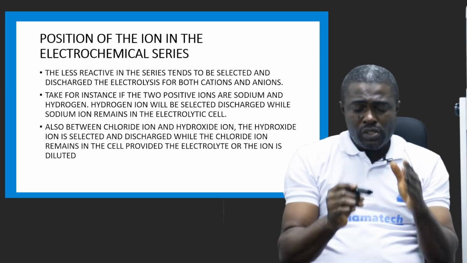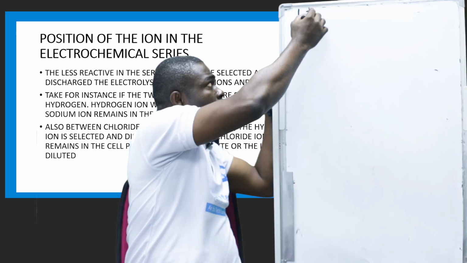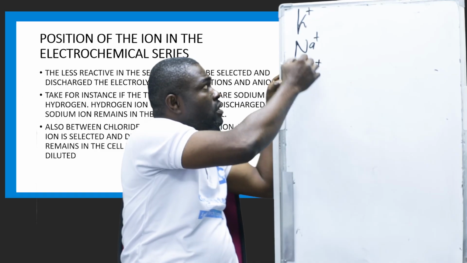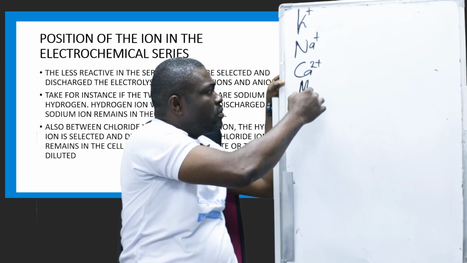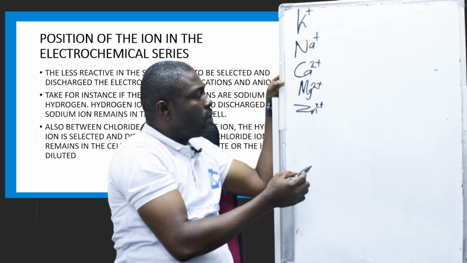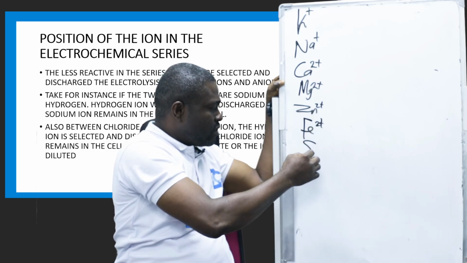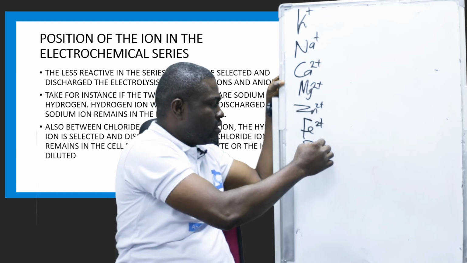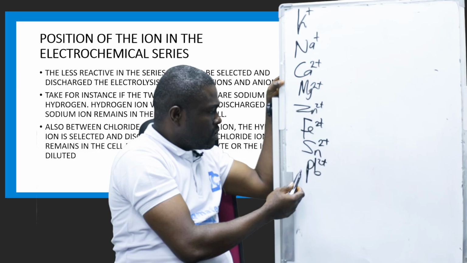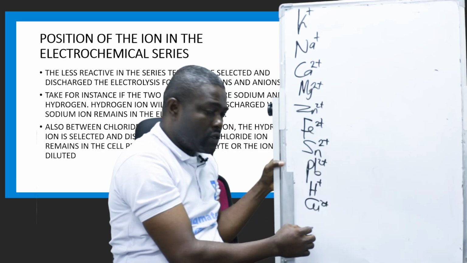Now the positive ones are: I have potassium first, then sodium, calcium, magnesium, zinc, iron (ferrum), tin, Sn 2 plus, lead (plumbium) 2 plus, hydrogen plus, then copper 2 plus.